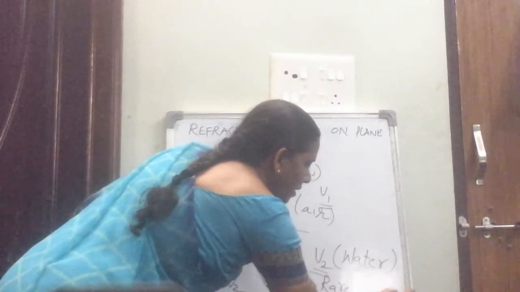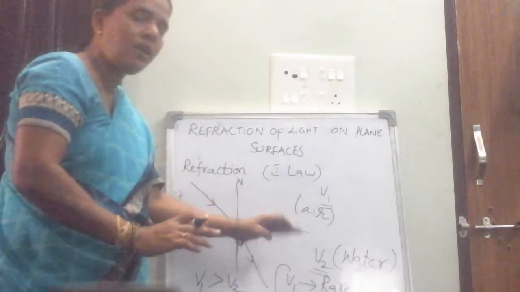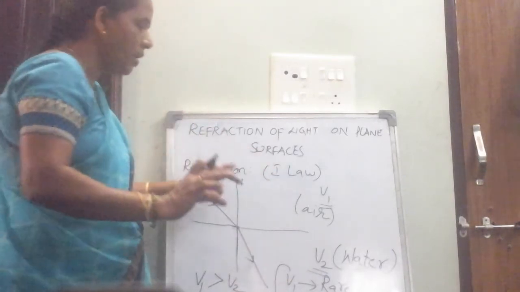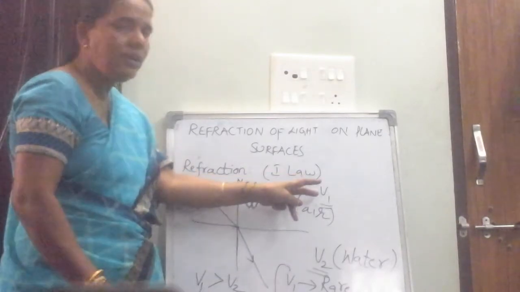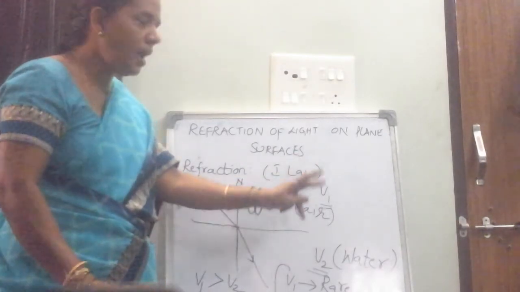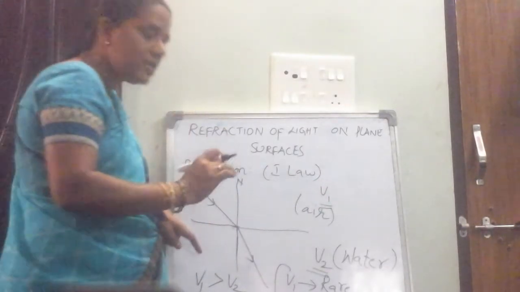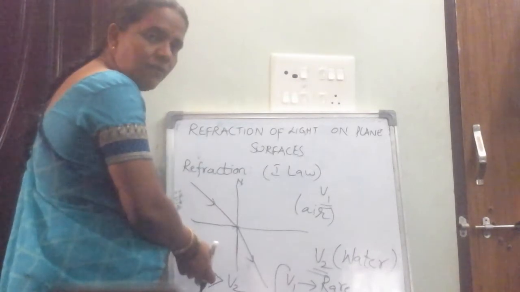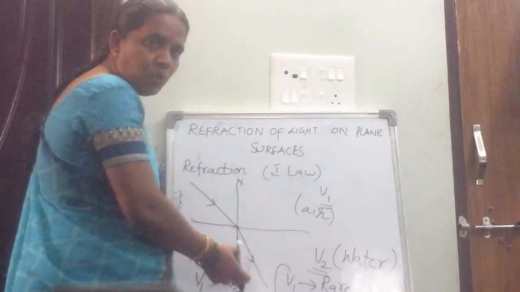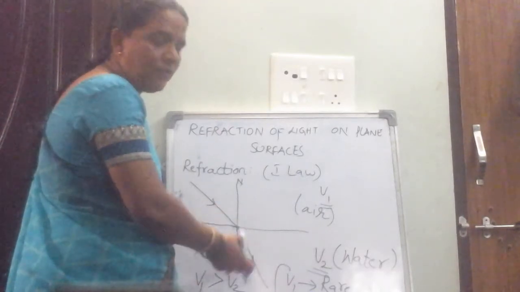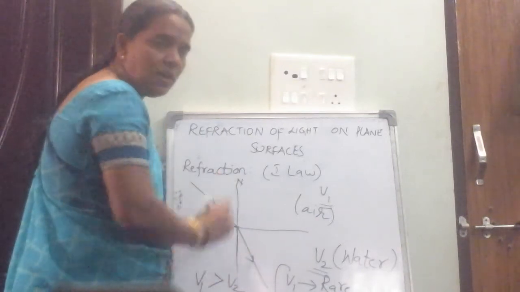So if light enters from medium 1 to medium 2, not necessarily from air to water or water to air, whatever it may be, it has to enter two media having speeds v1 and v2. Then you have to compare the speeds. If the speed of the first medium is v1 and the speed of the second medium is v2, if v1 is greater than v2, then how will the diagram be? It bends towards the normal.